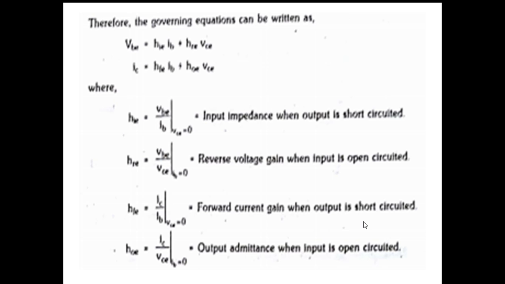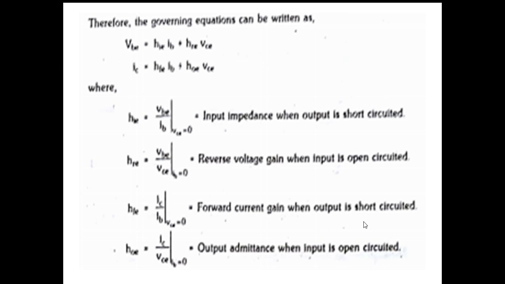Next, second, HRE is the reverse voltage gain. This reverse voltage gain is calculated when input is open circuited, means input current is 0. Next, HFE, forward current gain. Forward current gain is calculated when output is short circuited.